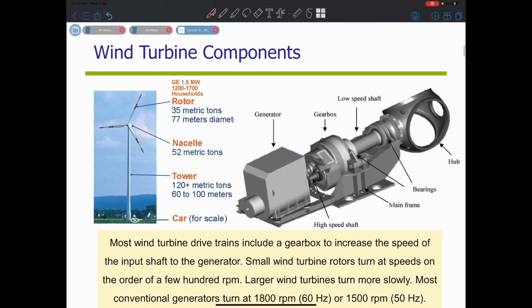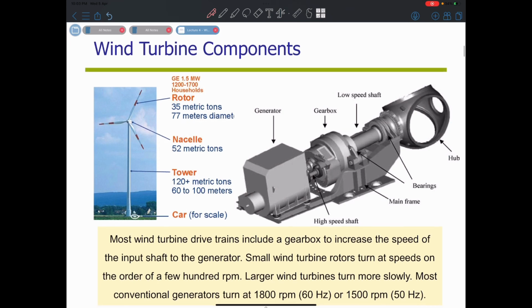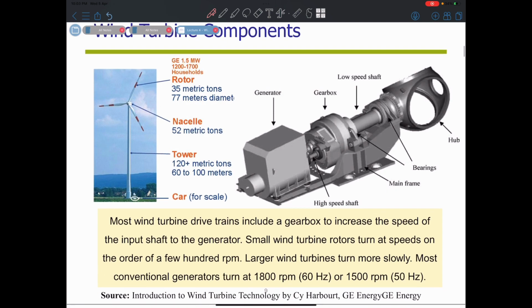For the wind turbine components, of course, as we said, there are the generator, gearbox, low speed shaft, high speed shaft, main frame, and hub with bearings. I want to mention that the high speed shaft is always connected to the gearbox, and that's why it's a high speed shaft.